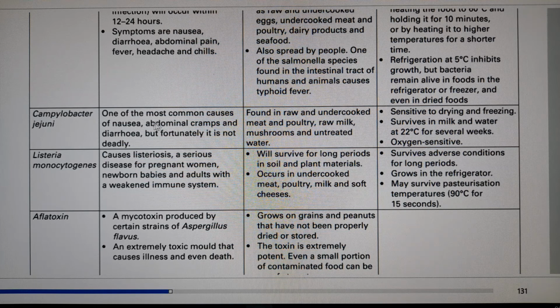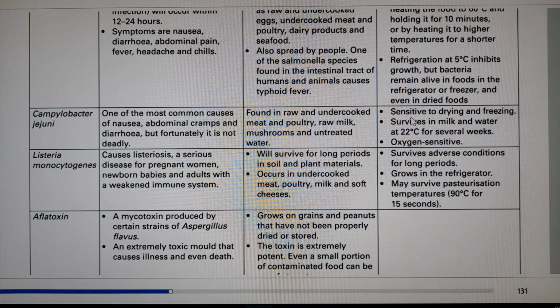This is one of the most common causes of nausea, abdominal cramps, and diarrhea, but fortunately, it is not deadly. This is found in raw and undercooked meat and poultry, raw milk, mushrooms, and untreated water.